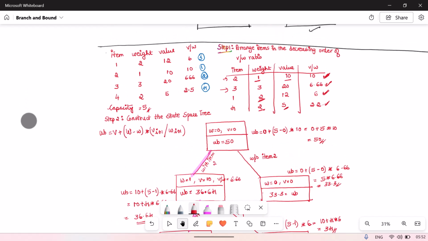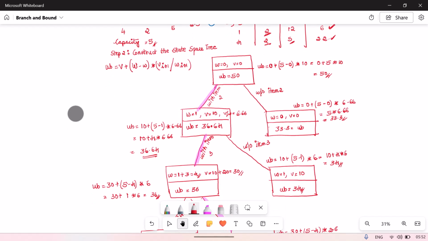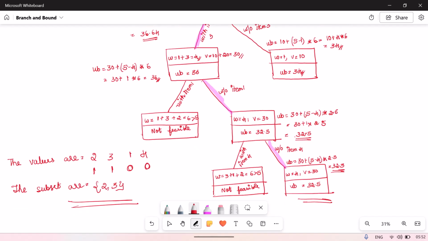I hope you have understood. First, you arrange the items in the decreasing order of their V by W ratio. Then you construct the state space tree by using that formula of upper bound. According to the upper bound, you go on doing the solution. So branch and bound is an algorithm design technique in which you have branches, that is, you explore the paths, and then based on the bound factor, you limit your options.